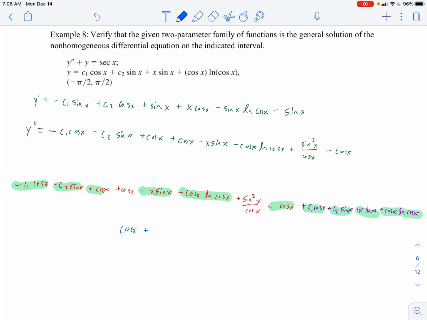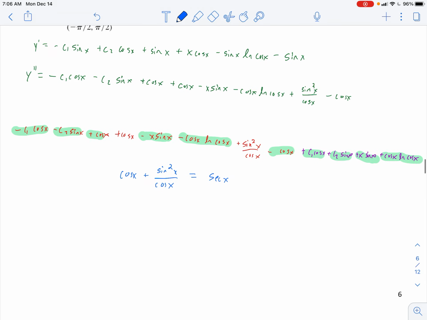So the only thing that we're left with is this: cosine x plus sine squared x over cosine x. And this is supposed to equal secant x. Well, can we make that equal secant x? Yeah, let's see. Let's pull out a 1 over cosine x. If we pull out a 1 over cosine x, we're going to get cosine squared x plus sine squared x.